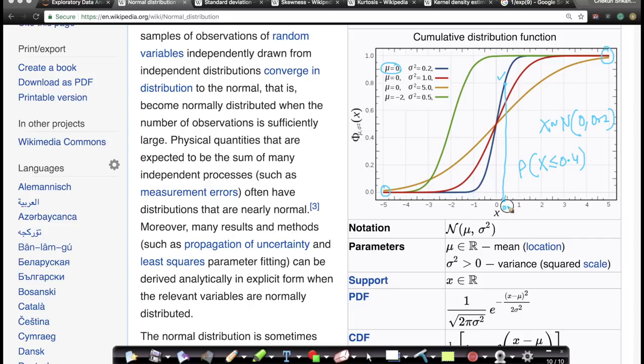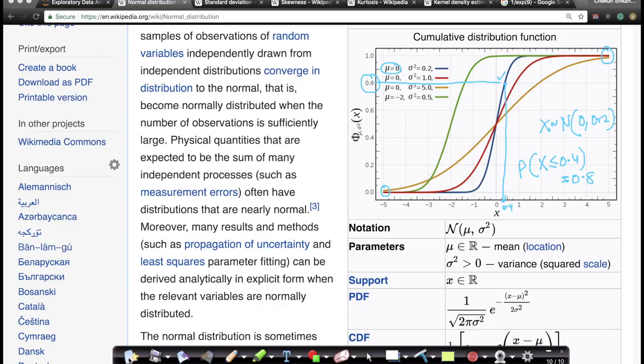So this height, let's assume it corresponds to 0.8. What it says is the height of my CDF tells me the probability that my random variable X takes values less than or equal to 0.4, and that will be 0.8, right? That's what your CDF informs us about.